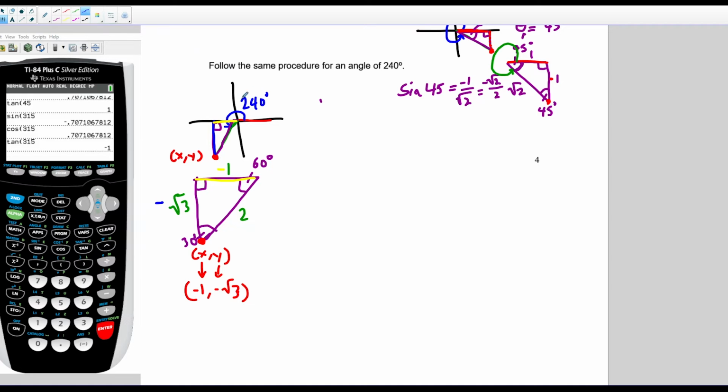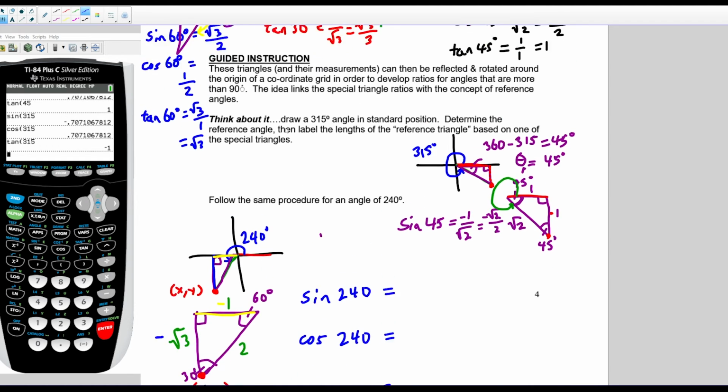Now, once again, looking at our standard position angle, we have 240 degrees. If I were to take the sine of 240, the cosine of 240, and the tangent of 240, we're going to be referring to our exact values using 60 degrees.